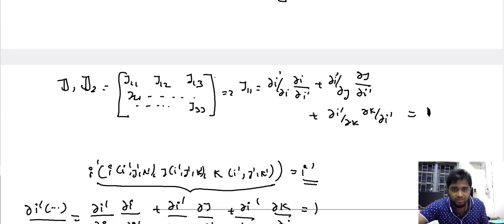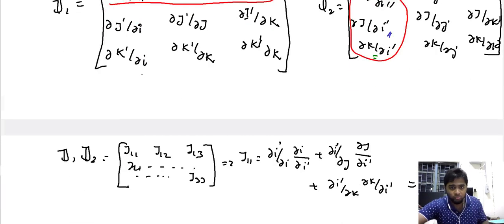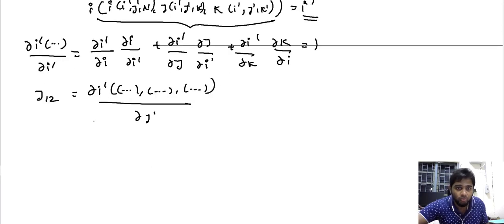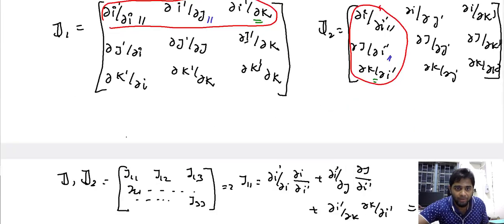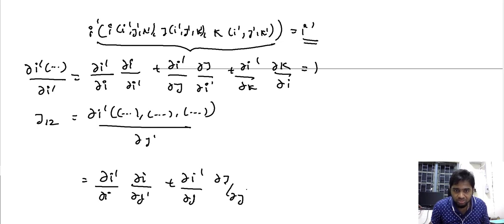So that is exactly what it would mean. So when you expand this J12, that is this element of the matrix, how it would look like is of this form: dou I prime by dou I and dou I by dou J prime, plus dou I prime by dou J and dou J by dou J prime, dou I prime by dou K and dou K by dou J prime.